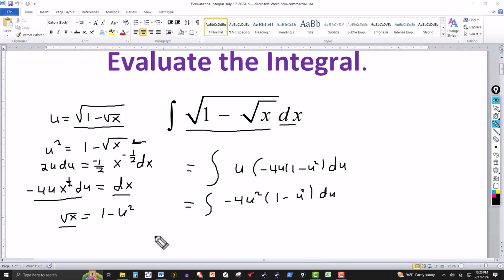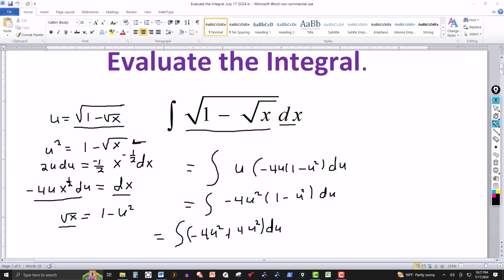And then continue with the simplification: minus 4u squared times 1. Still the integral here is minus 4u squared multiplied by 1, and then minus 4u squared times the minus u squared, that'll be a plus 4. Add the exponents, this will be u to the 4th power. This will be du.